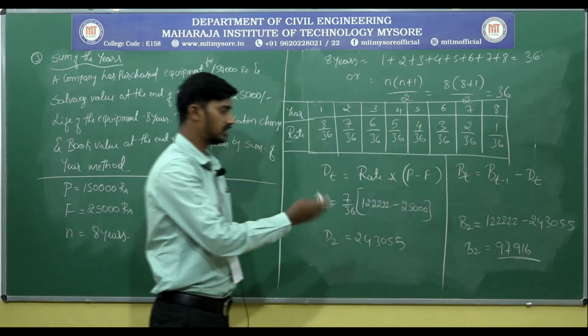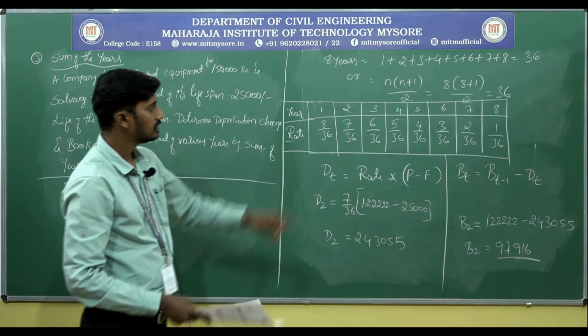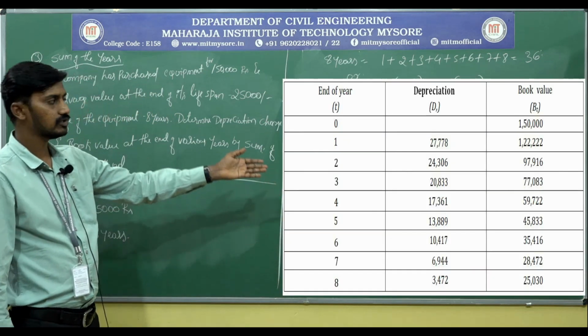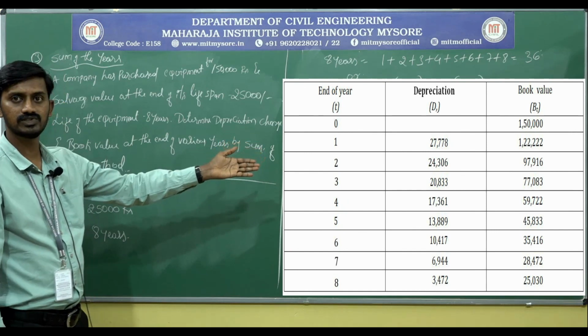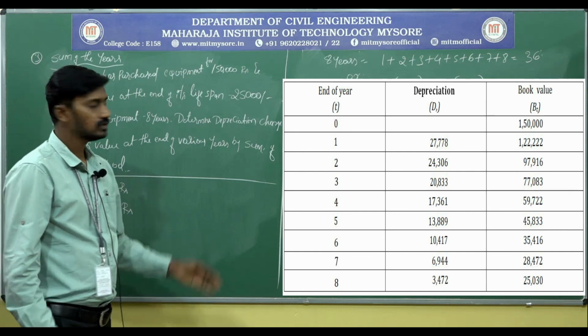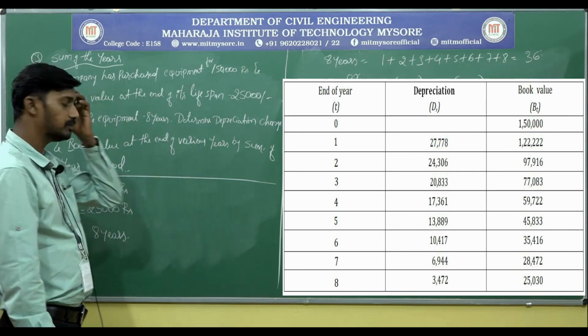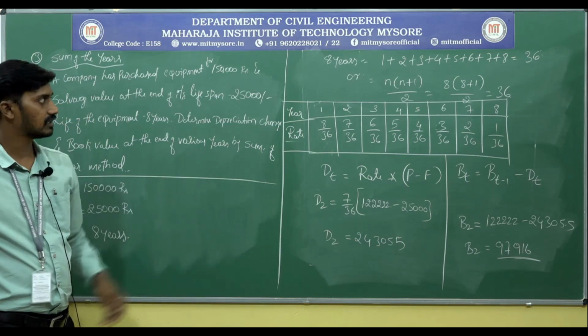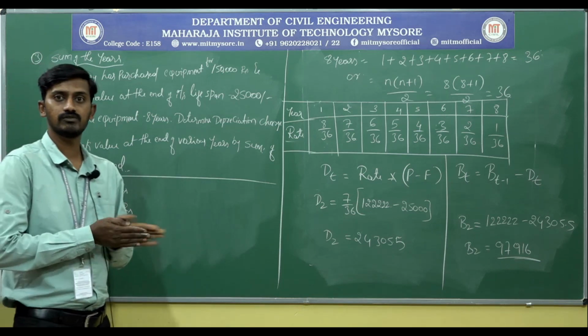In the same way, for 3, 4, till the 8th year you need to calculate. The calculated values are there in the table, you can just observe the values. So this is how the third method, summation of years method, can be used to calculate the depreciation values.